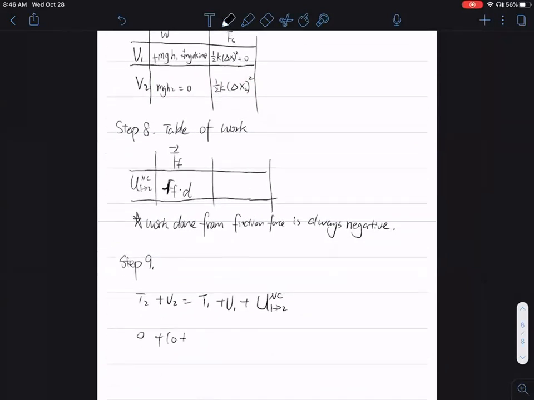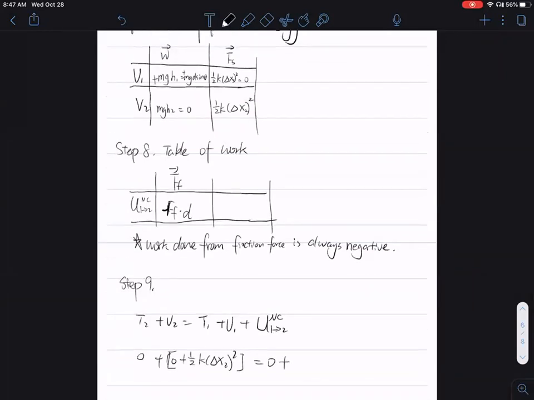0 plus 1/2 k delta x2 squared equals T1, which is 0, plus V1. V1 has 2 terms as well.